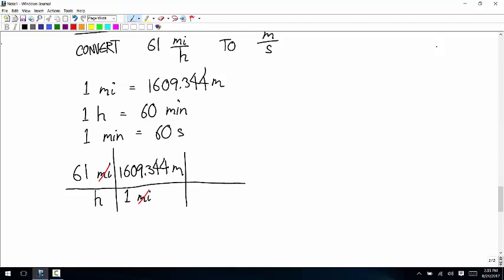If I'm trying to go from hours to minutes, what are the unwanted units? Hours. And the hours are in the denominator here, so we need hours in the numerator to cancel them.